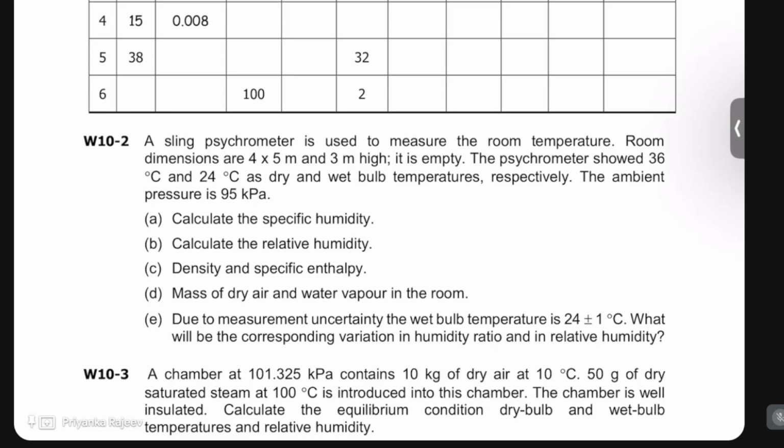So specific humidity, we have to find W. WBT is given, 24 degrees centigrade.